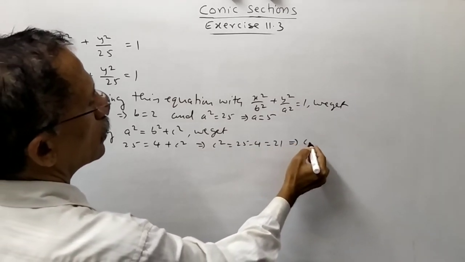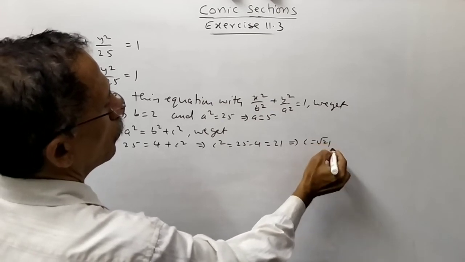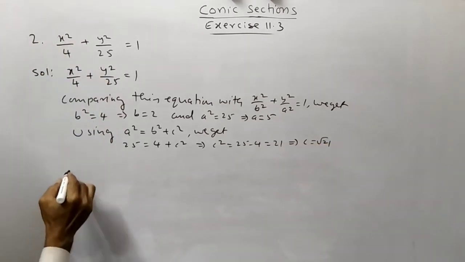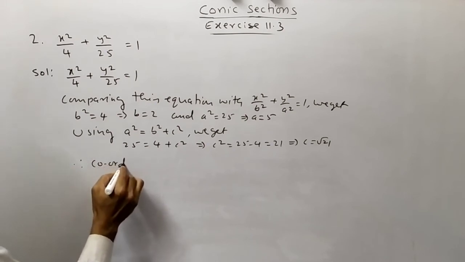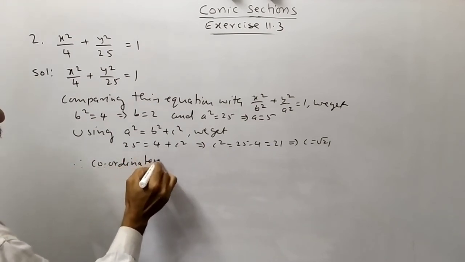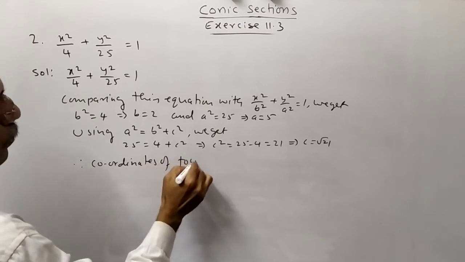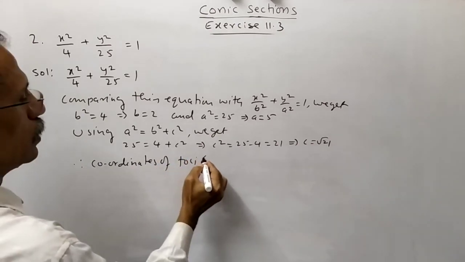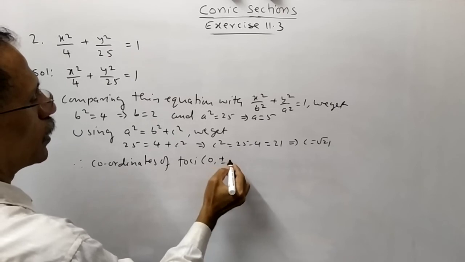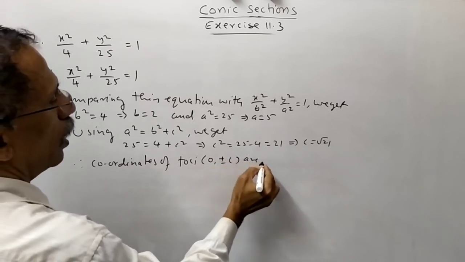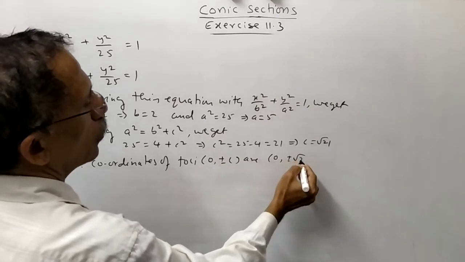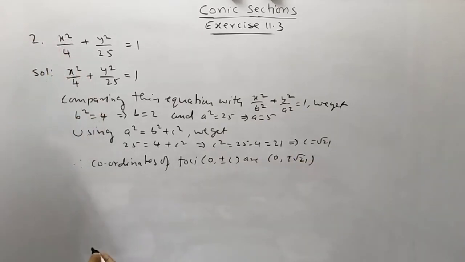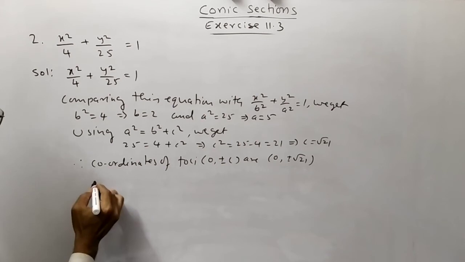This implies c is equal to square root of 21. Therefore, coordinates of foci 0, plus or minus c or 0, plus or minus square root of 21.